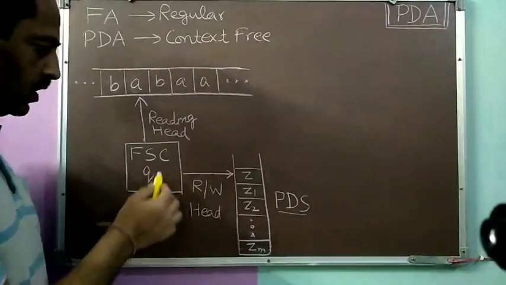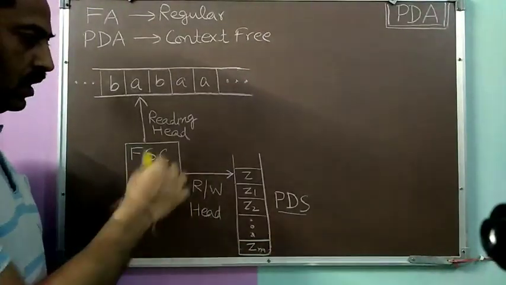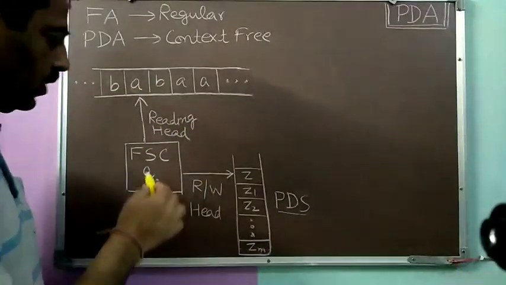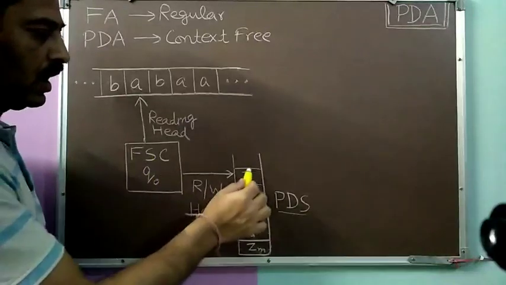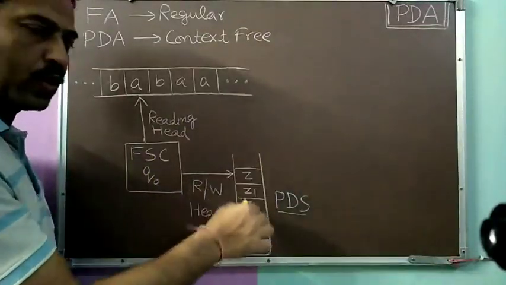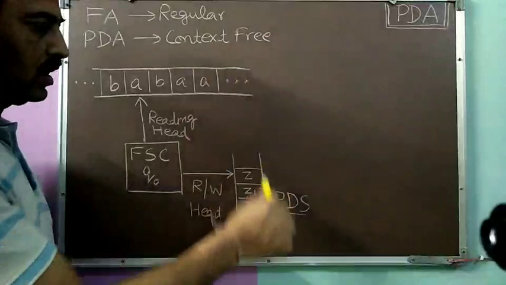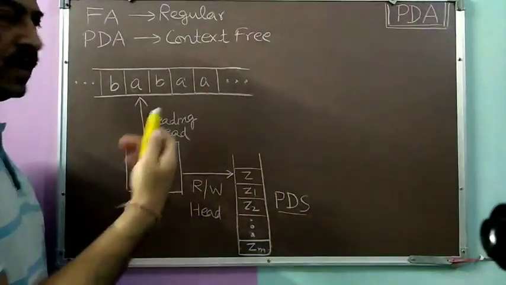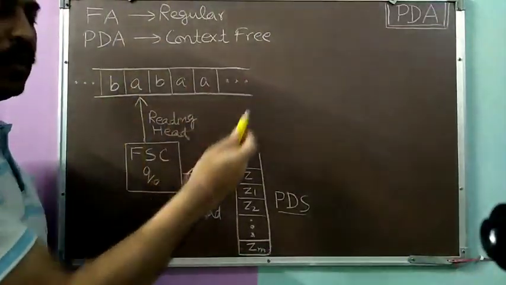So there will be three functions. We will change the state as per the current input symbol and current top of the push down store, and we will write something over this push down store. In this manner, our PDS will function. So basically, PDA is an extension of our FA model.